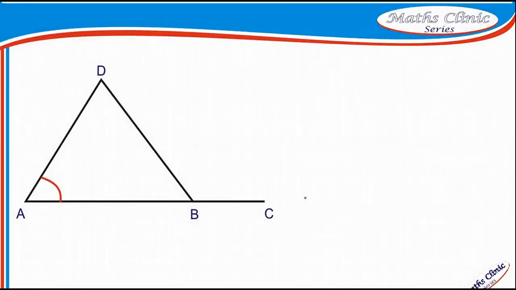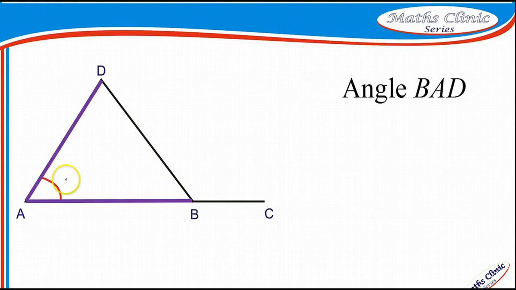For example, if I have this diagram and I have the line AB and the line AD, we create an angle. And this angle here, which is the angle marked here, can be called angle BAD, or we can even say DAB. So angle BAD means we have the line BA and then AD.